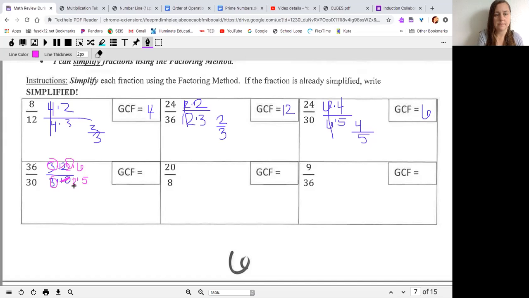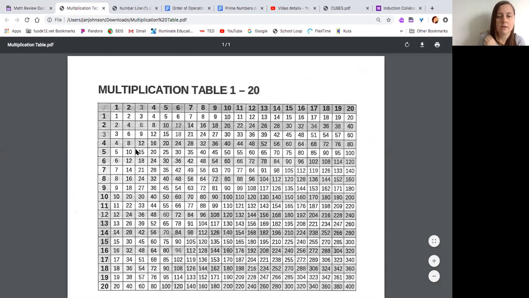If I times those together, 3 times 2 is 6. Because 6 times 6 is 36. And 6 times 5 is 30. I go to my times chart. We see, let me get my annotating pencil.